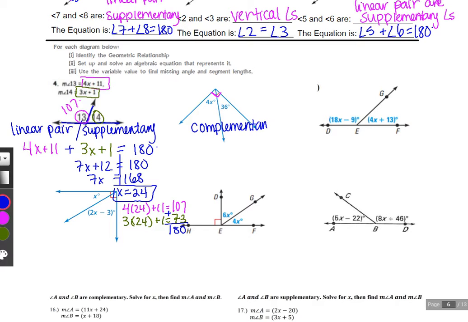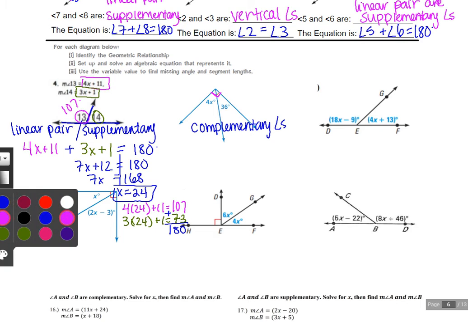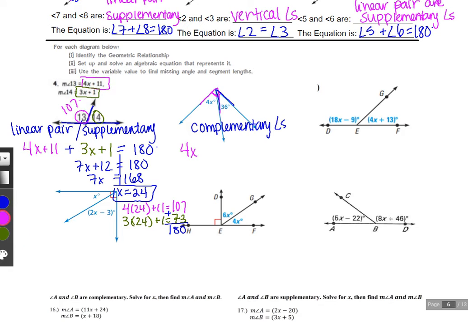And then our equation, we said that this angle 4x plus this angle, which is just 36 degrees, should equal 90 degrees. So that's going to be what we write for our equation. So 4x plus 36 should equal 90 degrees.